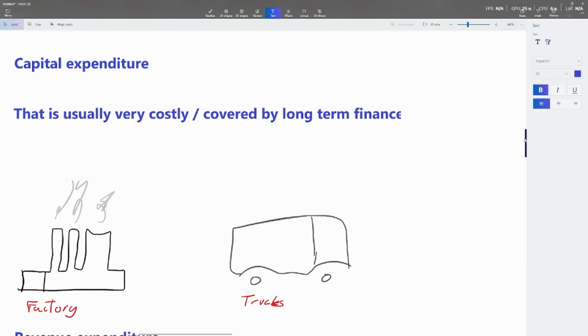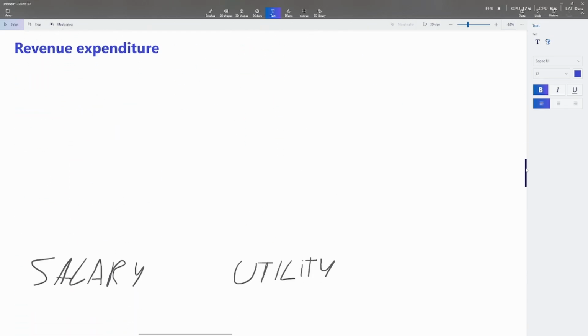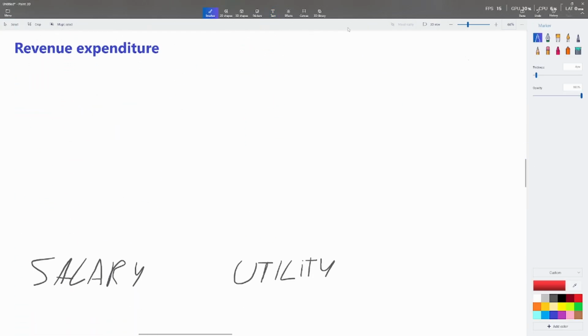And then you also have revenue expenditure. How it's different from capital expenditure is that it's everyday things that need to be paid. For example, salary and utility are very great examples of this. Salary you need to pay to your workers every month, and utility you also need to pay every month.